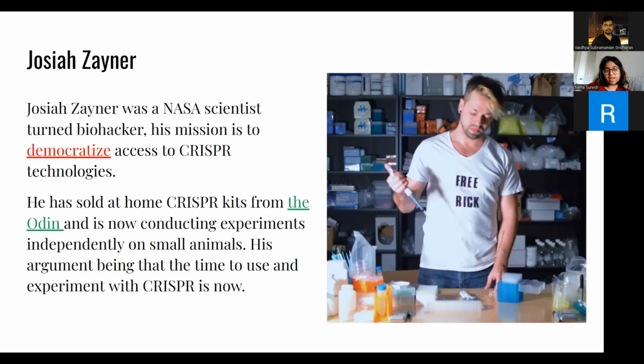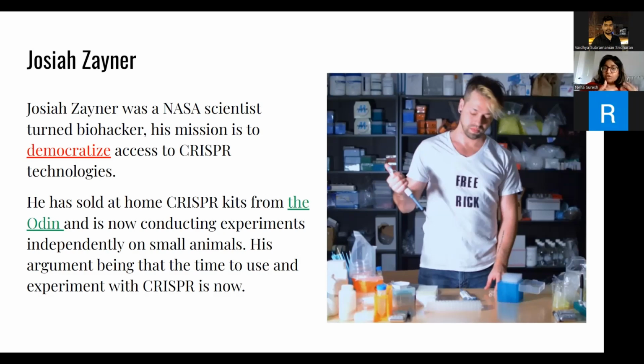His argument is that the time to use and experiment with CRISPR is now. His defining point is that even if you do have CRISPR therapies, which we do have right now for sickle cell anemia as well as for a spinal disorder, they will cost billions of dollars and will be accessible only to the richest of the population, which is how it is right now. Insurance doesn't cover it, and only the top 10% can even afford the technology.